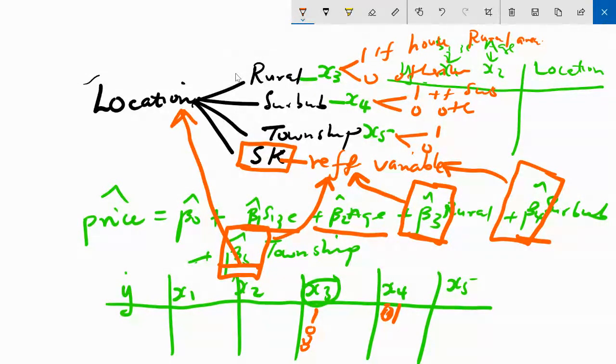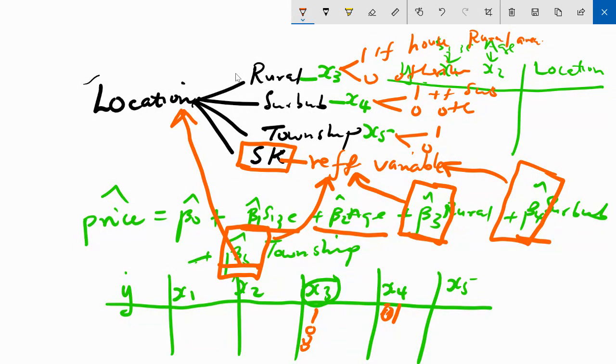Did you get it, Home? Oh yeah, now I get it. When you buy a house from a rural area, assuming that our beta 3 is positive, it's going to cost this much compared to a house which is from a squatter camp.